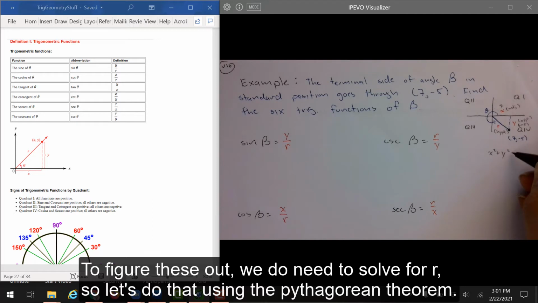To figure these out, we do need to solve for r. So let's do that using the Pythagorean theorem.